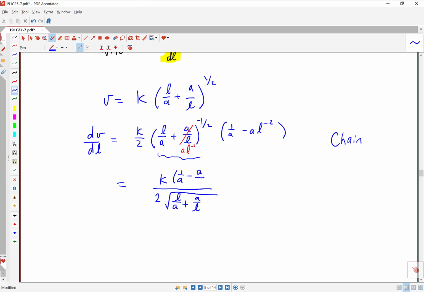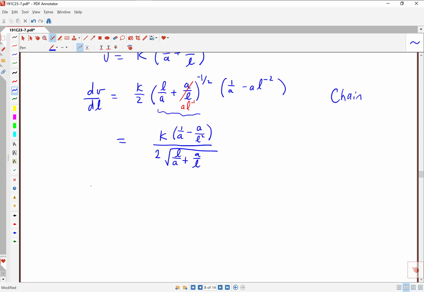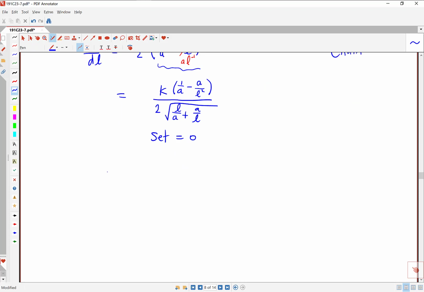Okay, let's call it A over L squared. So that's what we've got on top. So what we want to do now is set this equal to 0. So let's see what happens. So we've got k times 1 over A minus A over L squared on top. On the bottom, 2 times the root.